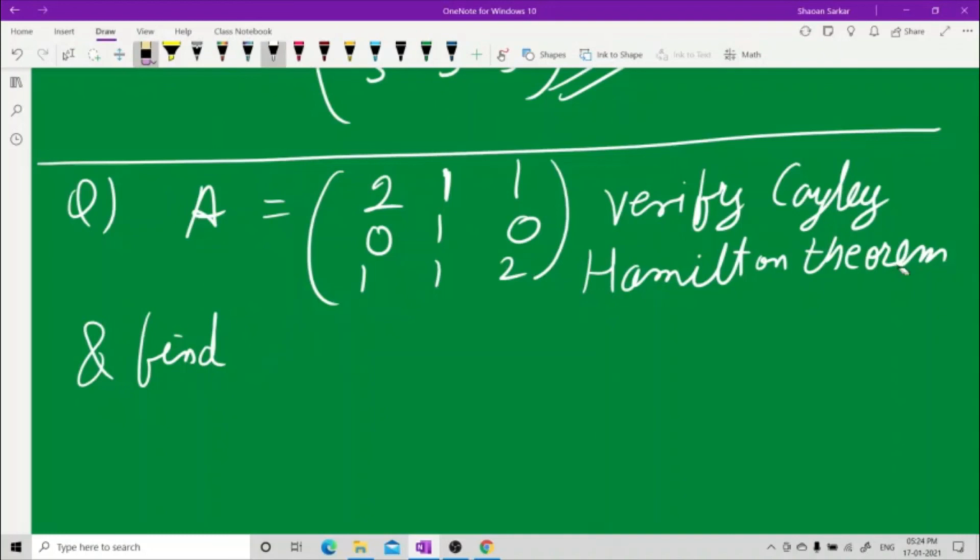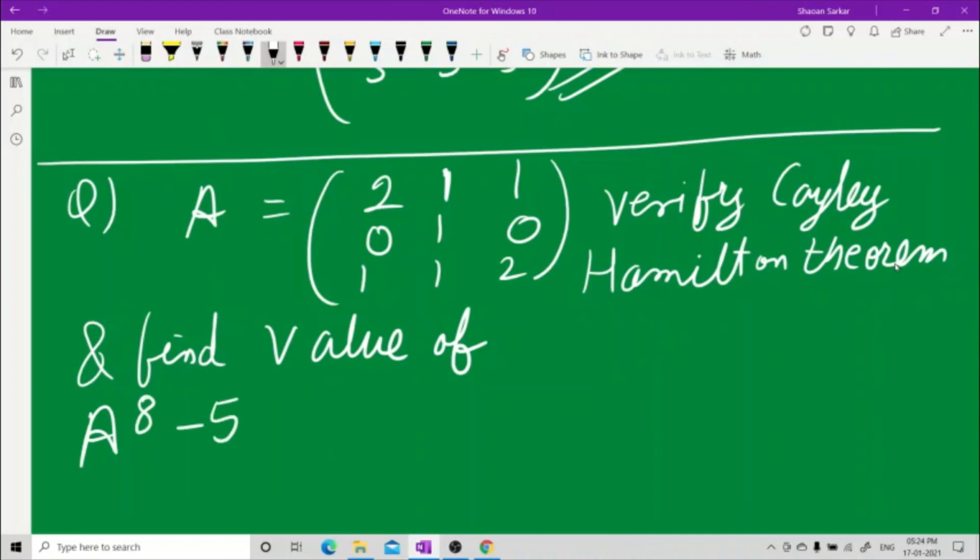this: A^8 minus 5A^7 plus 7A^6 minus 3A^5 plus A^4 minus 5A^3 plus 8A^2 minus 2A plus 1. Sorry, extremely sorry, this is A to the power of 7.